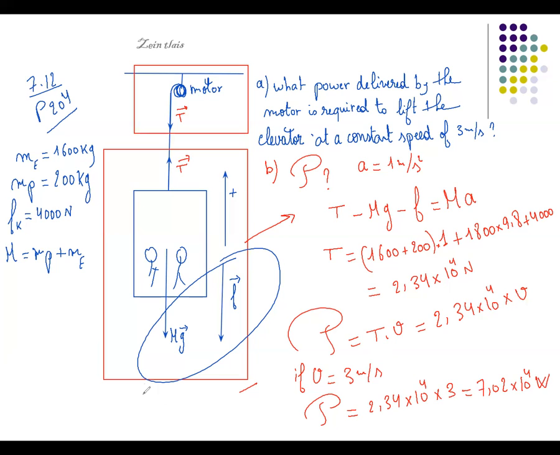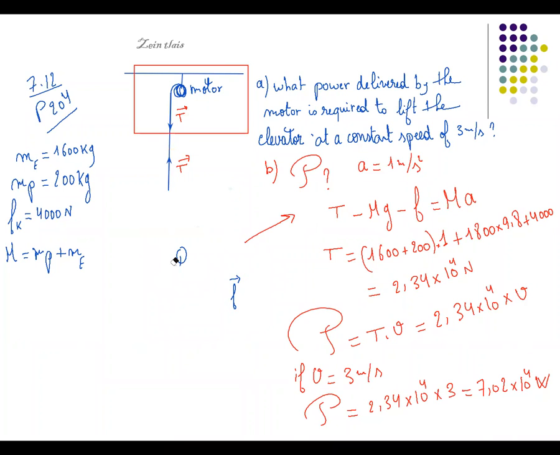As you see here, we have two values. In part A, we have a equals 0, v equals 3 m per second, we get a power equal to 6.48 times 10 power 4 watt.